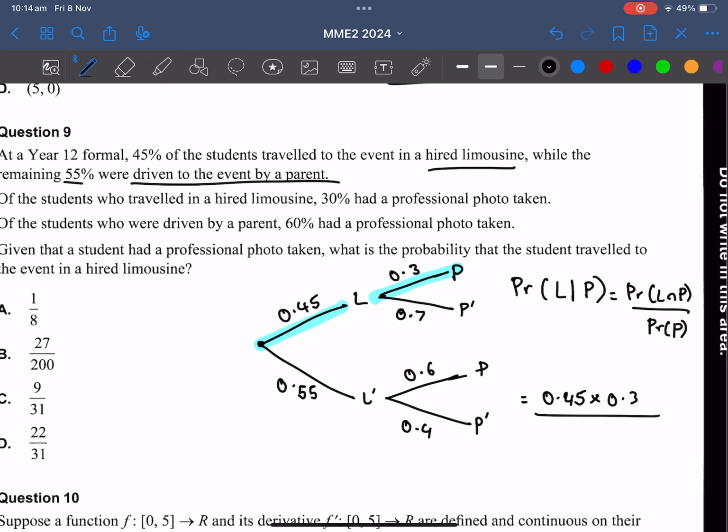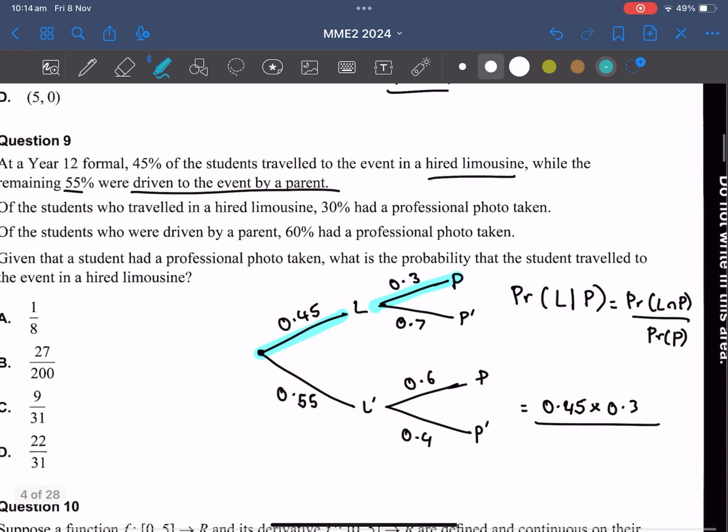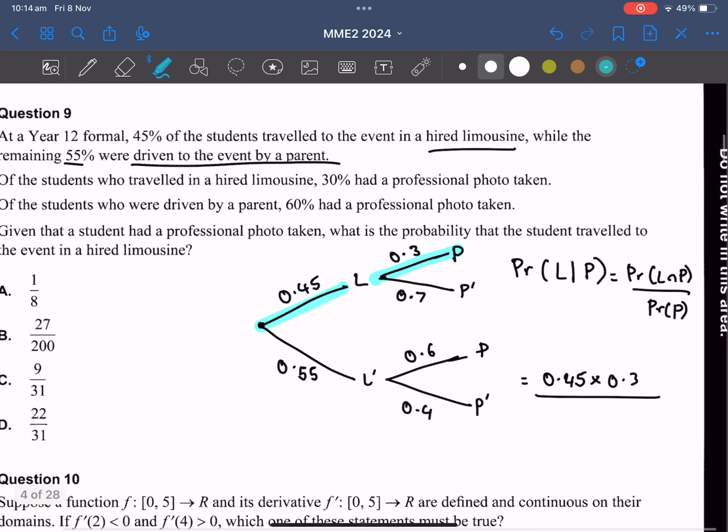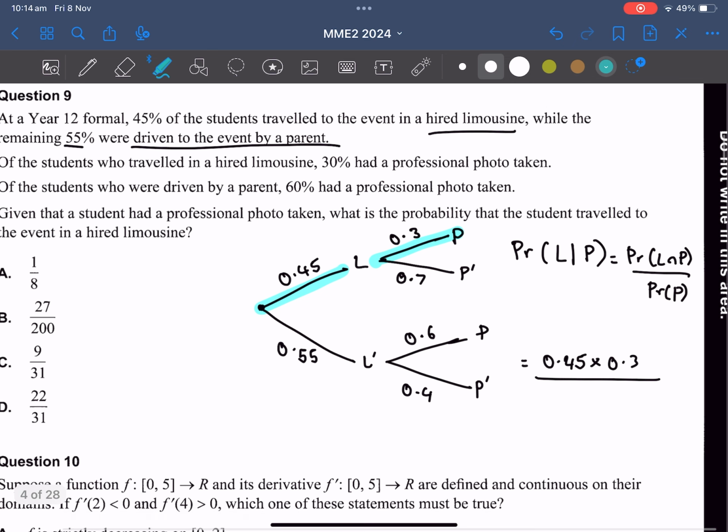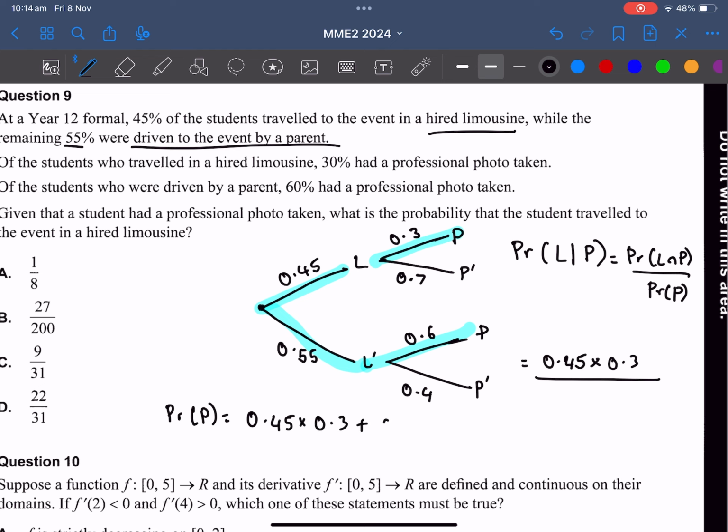And the probability of having their professional photo taken, regardless of them coming by a limousine or not, would be 0.45 times 0.3 plus 0.55 times 0.6.